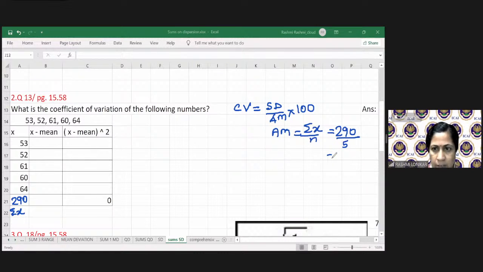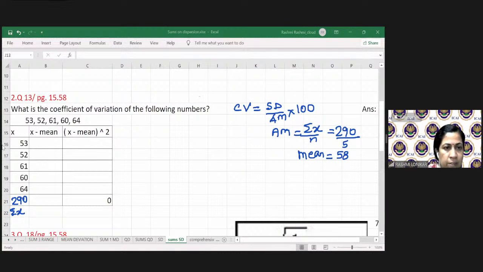So, 290 divided by 5 is 58. Has everybody got arithmetic mean as 58? सबको आया 58 आंसर? Yeah, very good. X bar is 58. Sanjay, yes, very good. Priyanka also got the answer. Yeah.